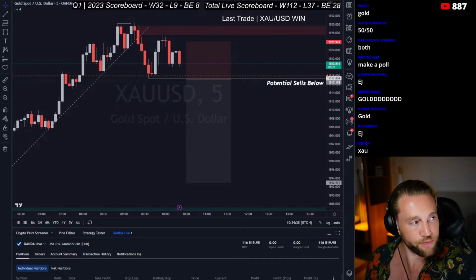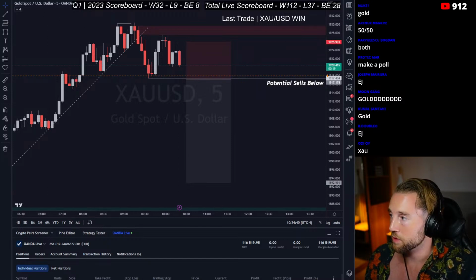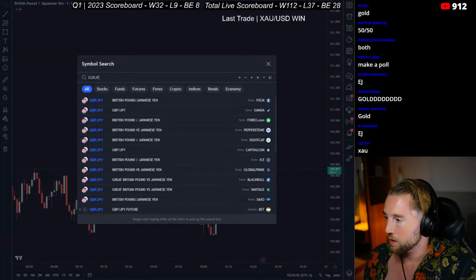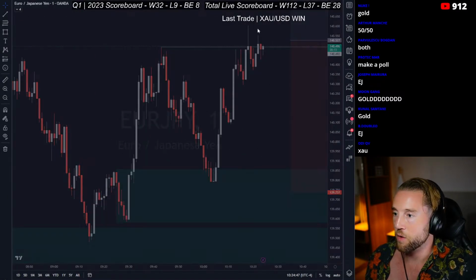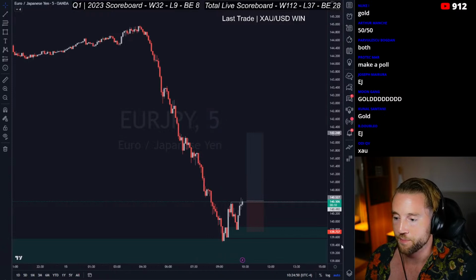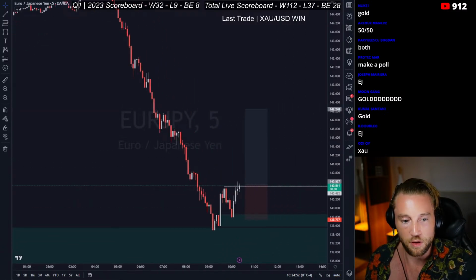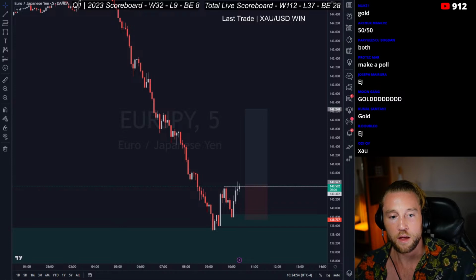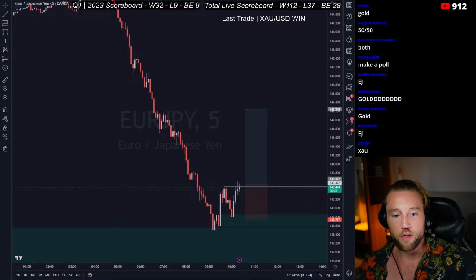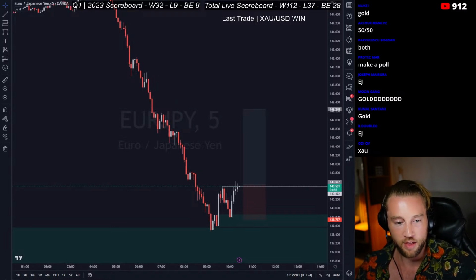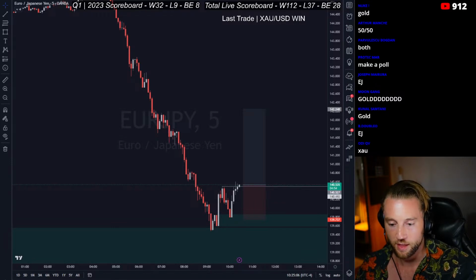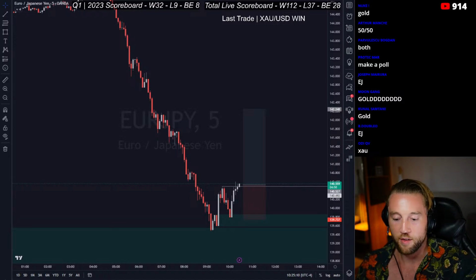This is euro against yen. 200 votes. Euro-Japanese yen is at 52% right now. It's very close, very, very close here.